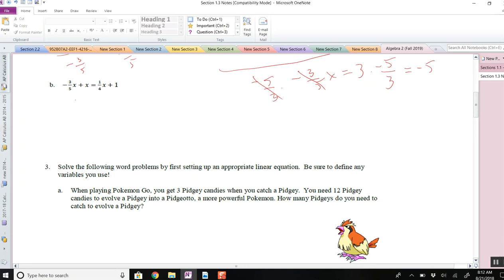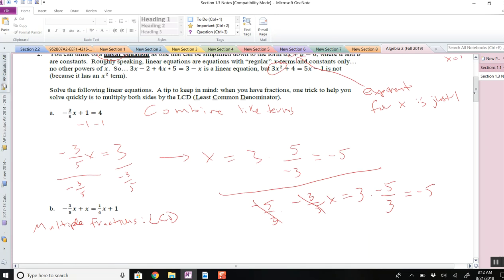Combine like terms. Now, the one thing you may want to do when you have multiple fractions like this is find the LCD, the least common denominator. That's kind of mentioned actually up here.